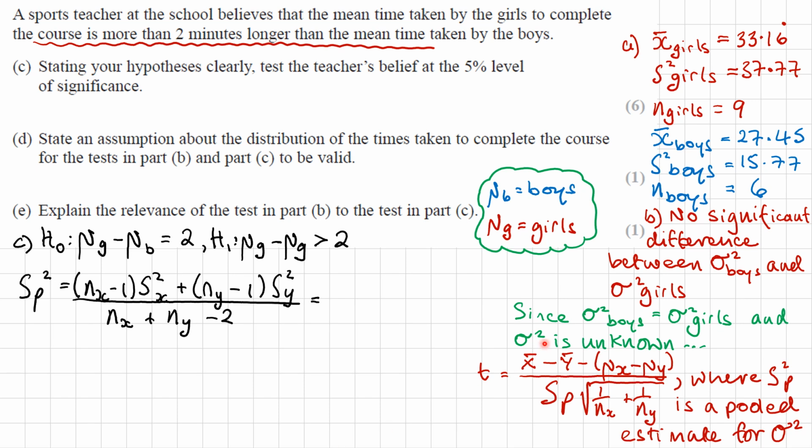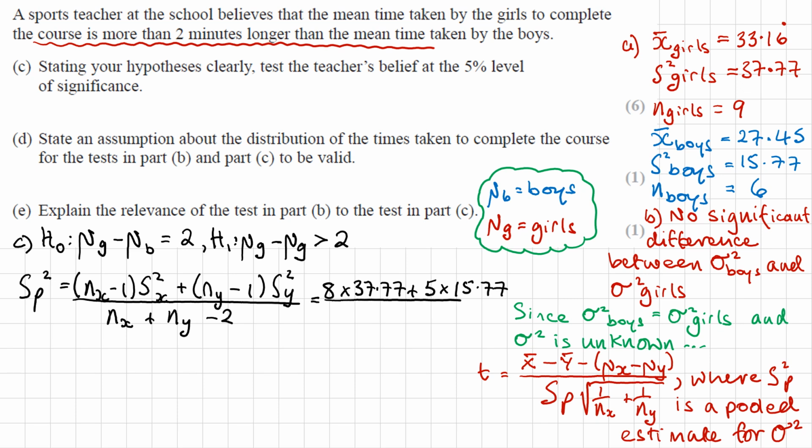So let's just substitute those values in. For the girls, n is 9, so 9 minus 1 will be 8, times the variance we got for the girls, which was 37.77, plus the number of boys minus 1, so that would be 5, times the variance of the boys, which was 15.77.